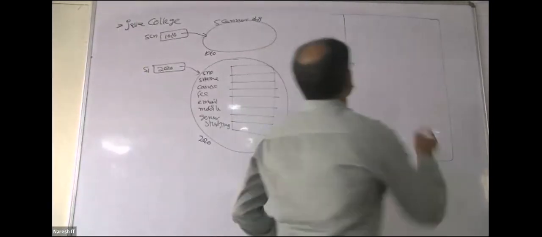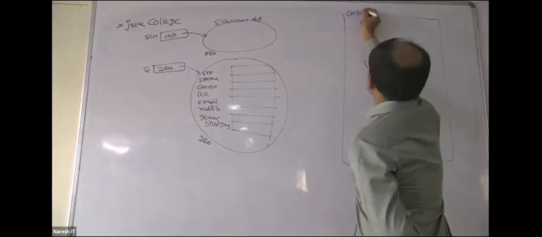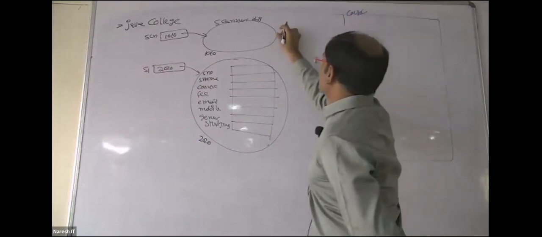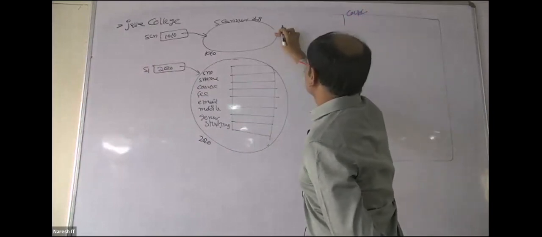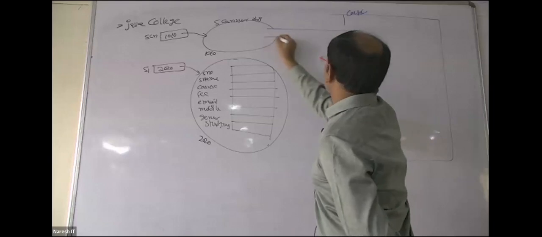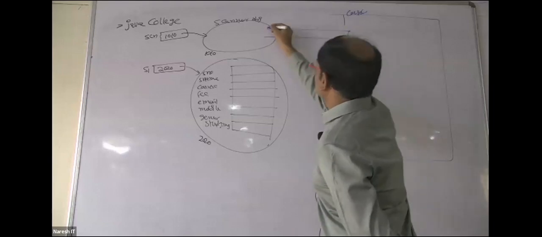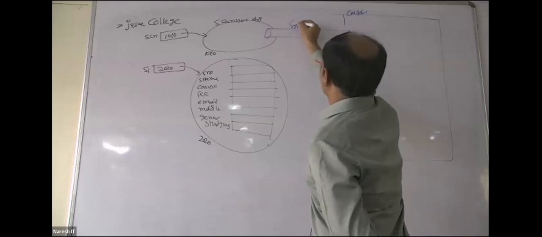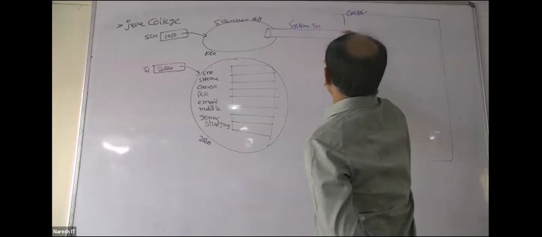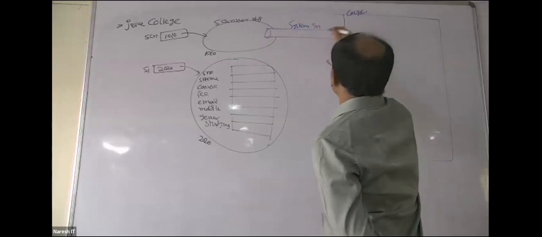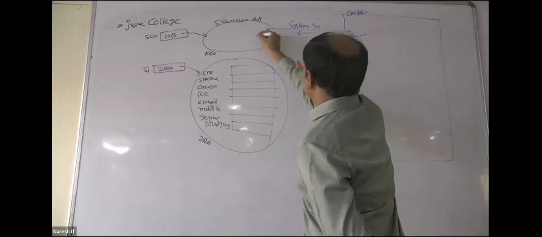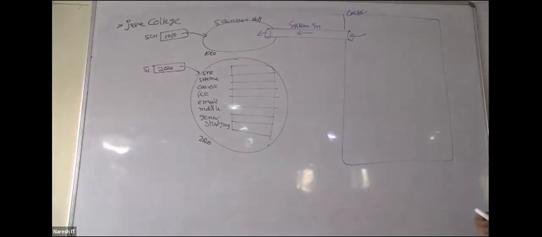To the console, the scanner object is already connected, na? With which object? System.in. Data is traveling, coming here.